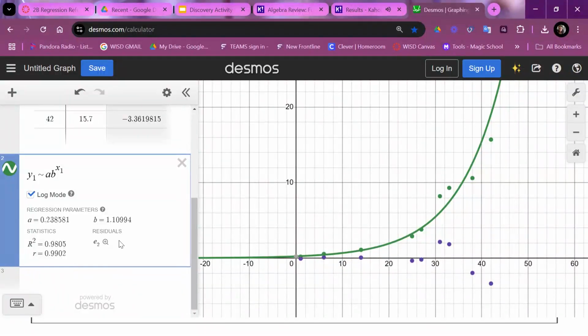All right, the next model that I don't know how to do just a generic power function in Desmos. Like in TI-84, we have the power button.